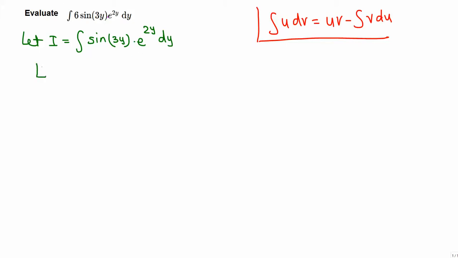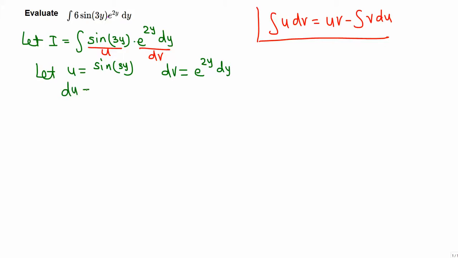So let u be sine 3y, and the remaining dv be e raised to 2y dy. To use this formula we need to find the derivative of u with respect to y, du over dy.